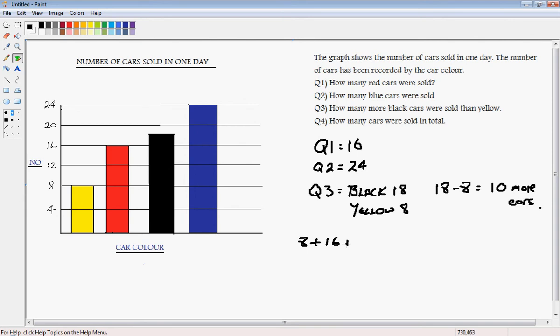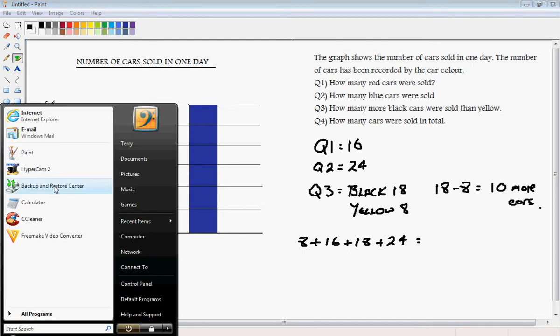So we have 16 plus, now the black car, remember, we worked out as 18, plus the blue cars, which were 24.